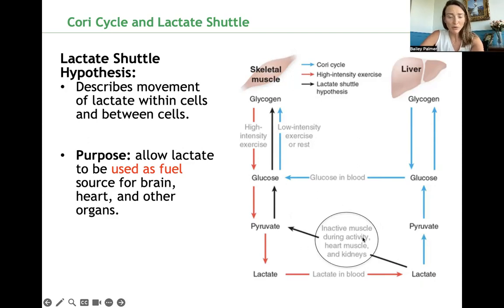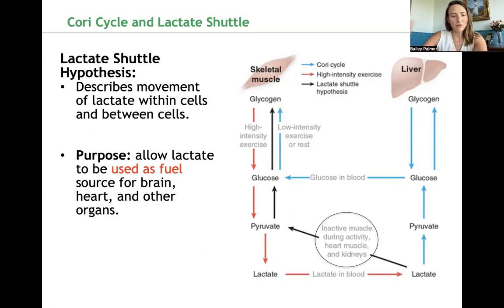Well, it can be transported to inactive muscle. It can be transported to the heart, to the kidneys, where it's turned from pyruvate into glucose, and it can be used as a fuel source. So basically, the purpose of the lactate shuttle is that it is another way to fuel our organs.